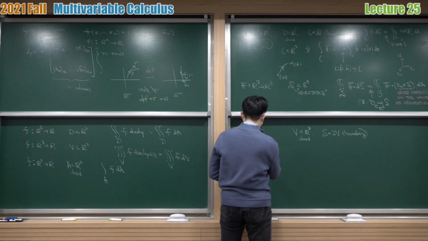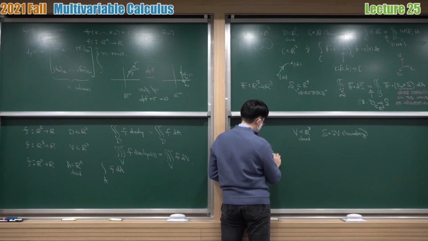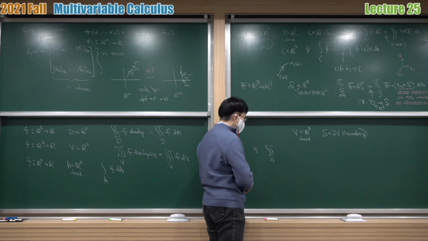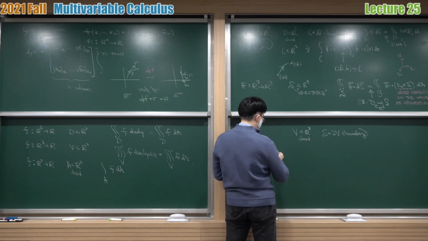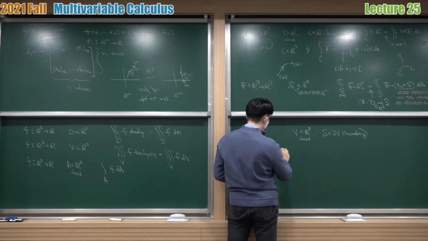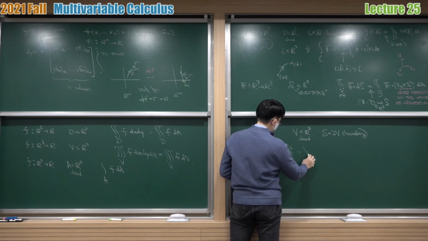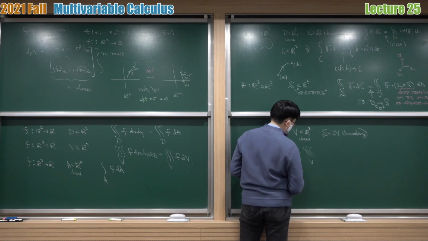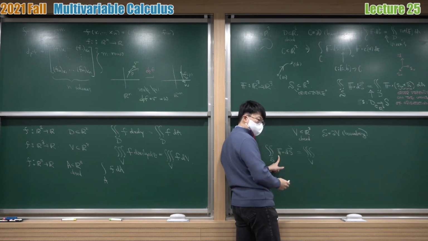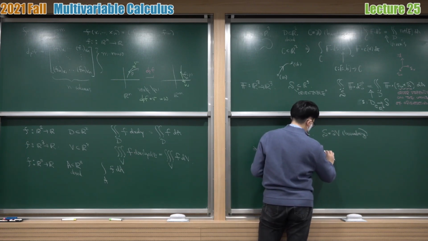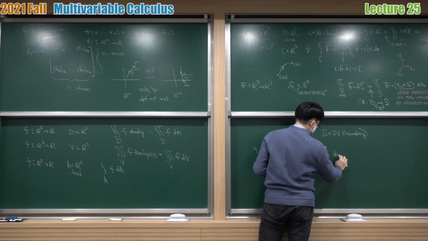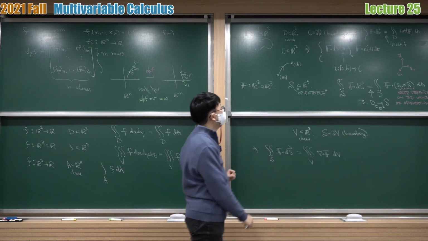Then we had a theorem that says that if you take the flux of the vector field across this closed surface, it is equal to the volume integration of the divergence of F. Okay.